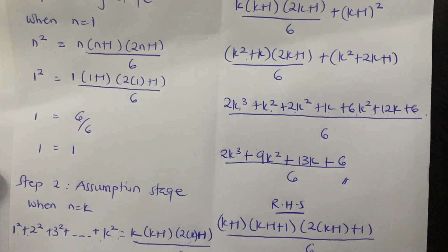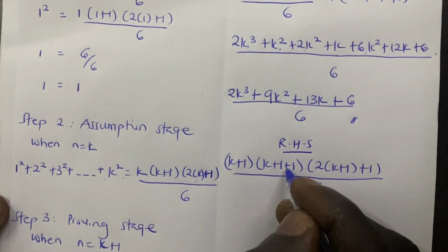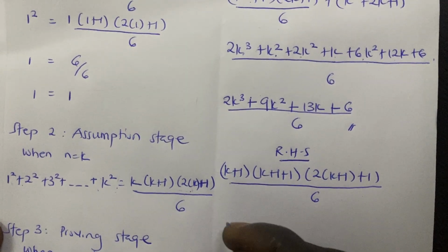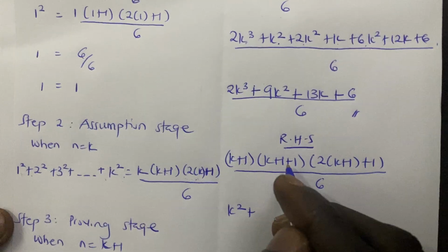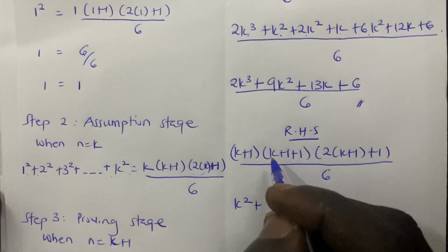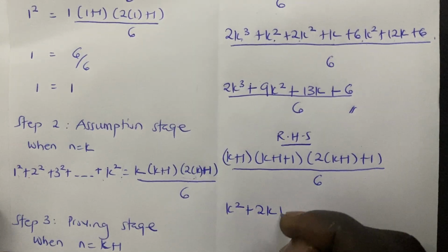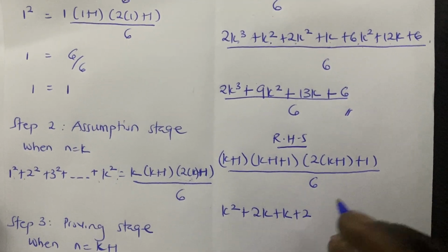So we are expanding this, multiplying this, we are getting here to be k plus 2, right? So let's note that. So we are getting k times k, which is k squared, plus k times 2, or k times 1 times 1, which is k plus k, which is going to give us 2k, 1 times k, which is going to give us k, and then 1 times 2, which is going to give us 2.